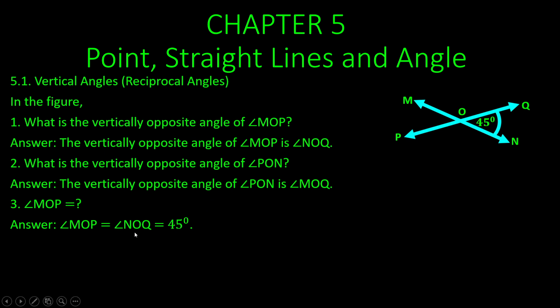Angle MOP equals angle NOQ, because these two angles are vertically opposite angles, so they are equal. But the measurement of NOQ is given here as 45 degrees, so instead of angle NOQ, we write 45 degrees. So the measurement of angle MOP is 45 degrees.